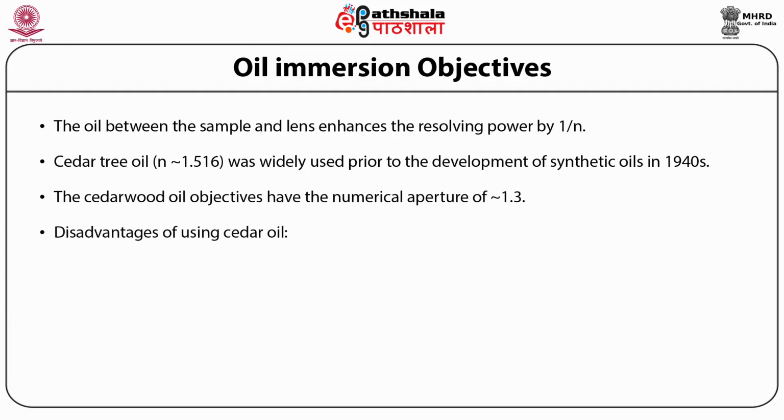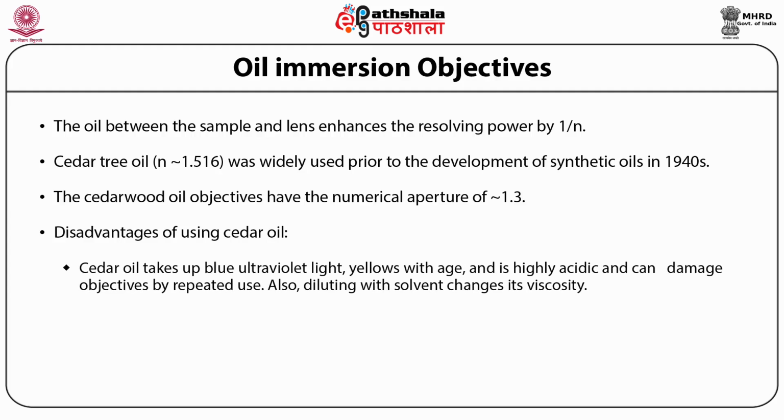The disadvantages of using cedar oil are that it takes up blue ultraviolet light, yellows with age, and is highly acidic and can damage objectives by repeated use. Also, diluting with solvent changes its viscosity.